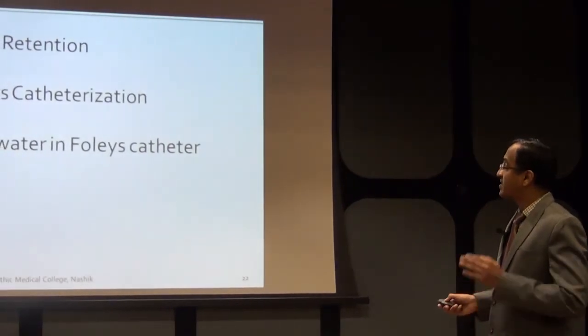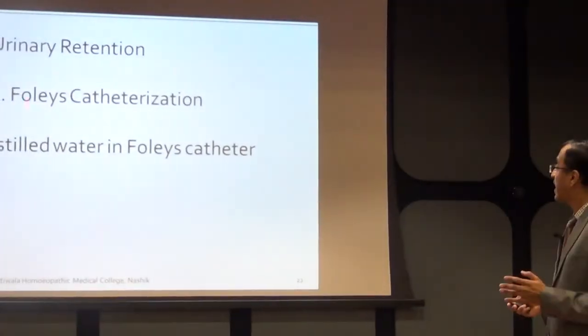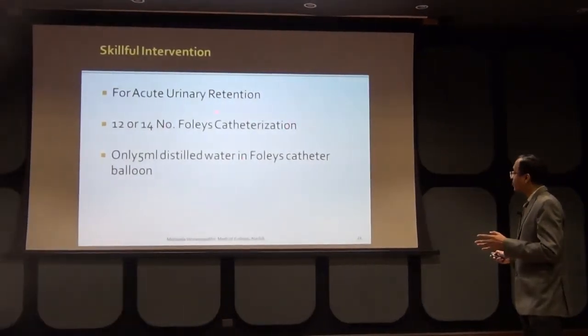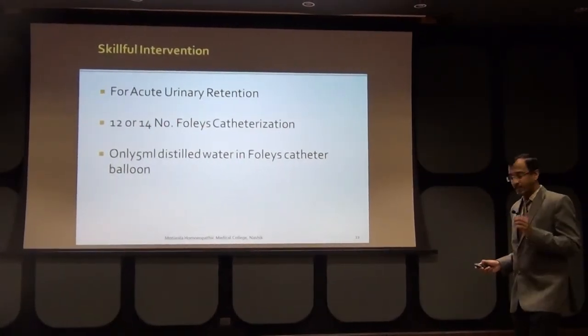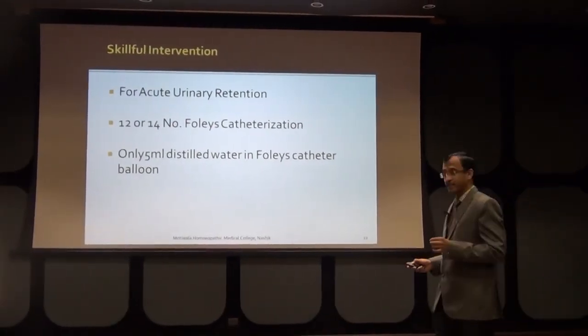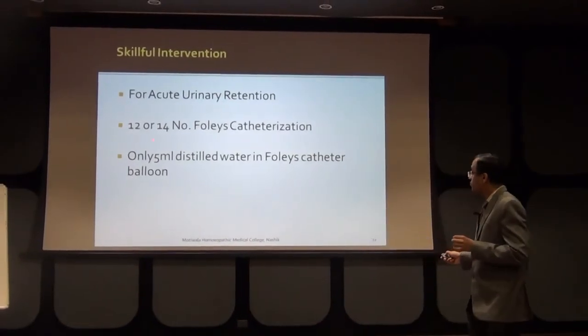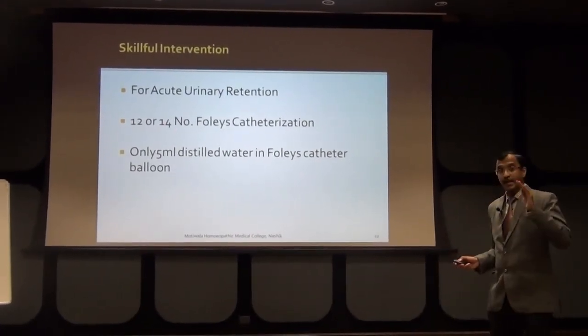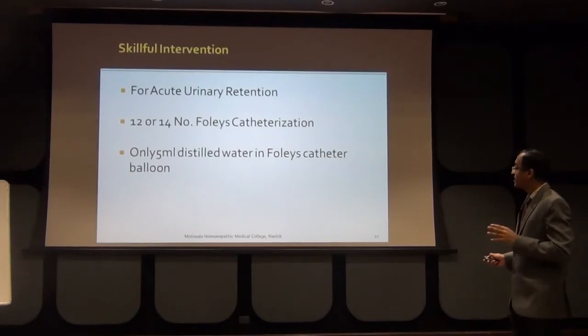One needs skillful intervention when we are having acute urinary retention, as I said. So, a skill of catheterization with a Foley's self-retaining catheter. One has to move ahead with a 12 or 14 number catheter only in acute urinary retention.